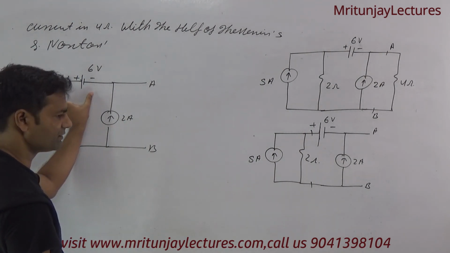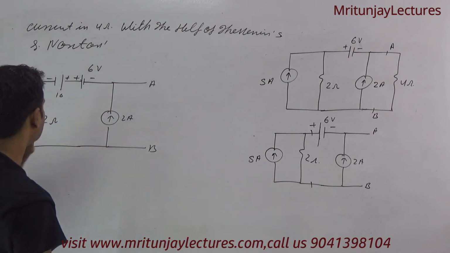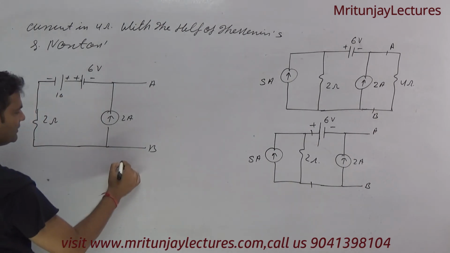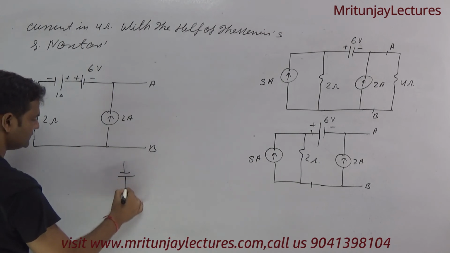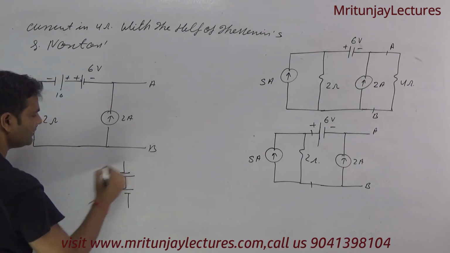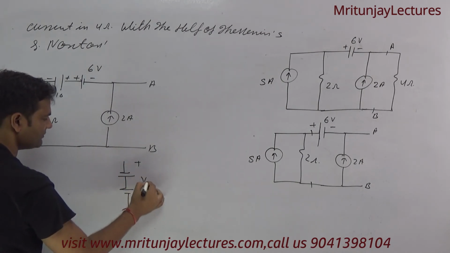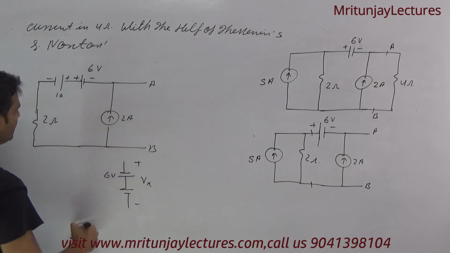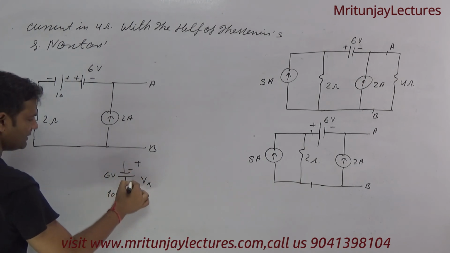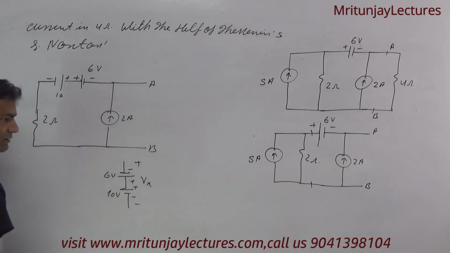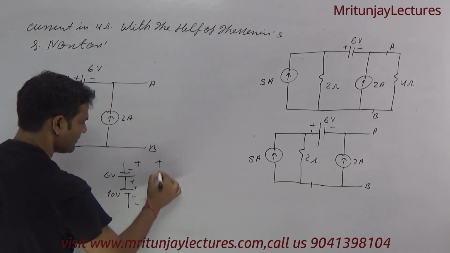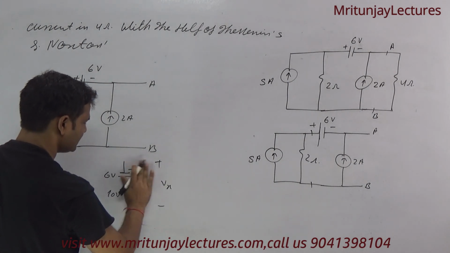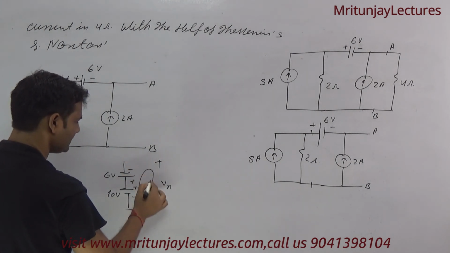What about net voltage? If you face any problem, then suppose that is Vx, this is 6 volt and that is 10 volt, minus plus, plus minus. That is Vx. Clear?